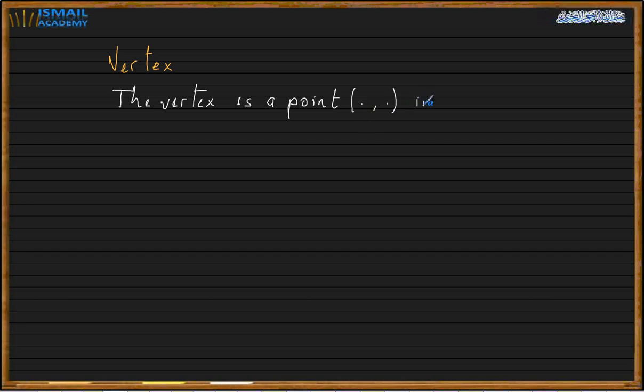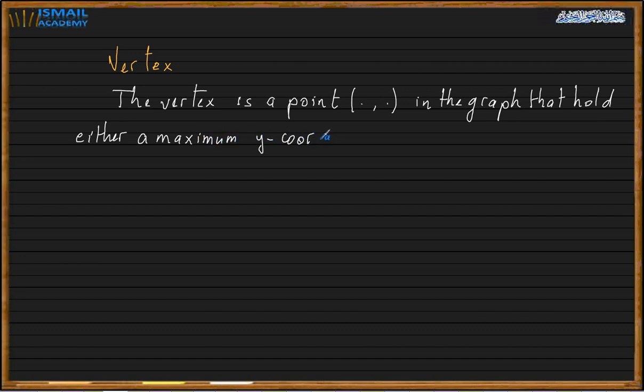So it is a point in the graph that holds either a maximum y coordinate or a minimum y coordinate. In terms of graph, how does it look?